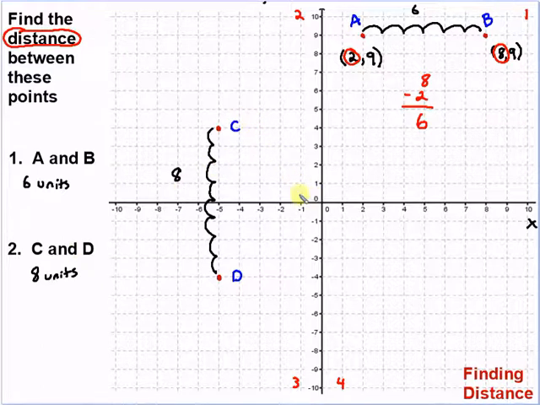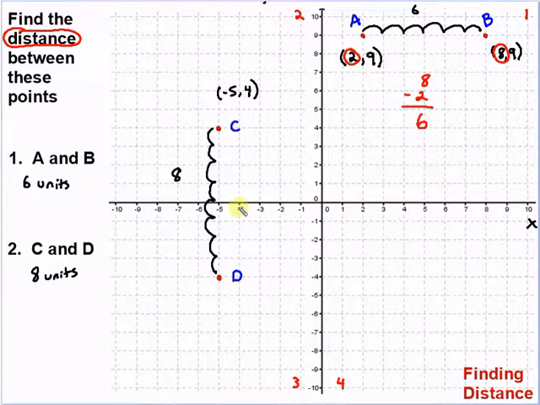What are the coordinates for C? Well, if we count over along the x-axis, we're going down, -1, -2, -3, -4, and -5. So -5 is my x-coordinate, and I count up 0, 1, 2, 3, 4. So it's -5, 4.